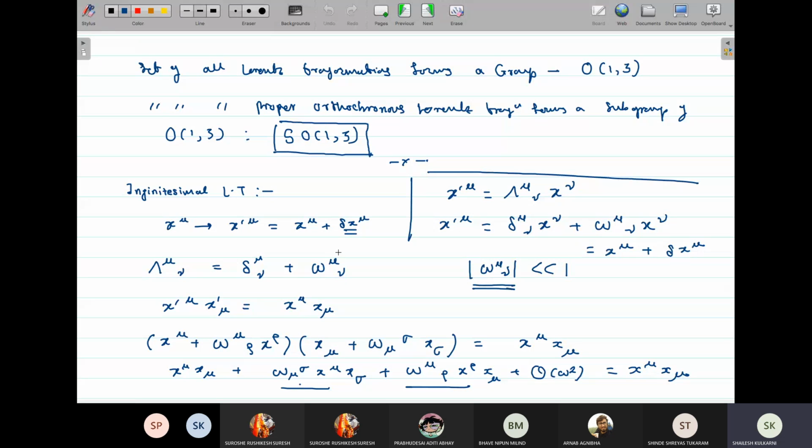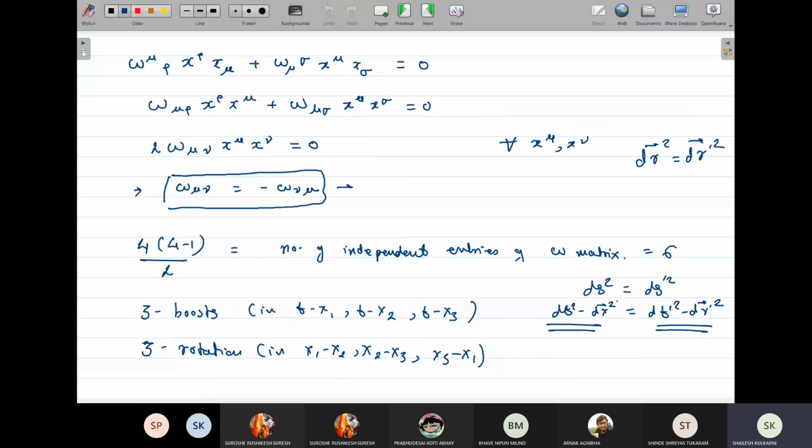If omega mu nu are the parameters, then the fact that the Lorentz transformation leaves the line element invariant leads us to this result: omega mu nu equals minus omega nu mu. So that tells us that there are 6 parameters which define the Lorentz transformation.